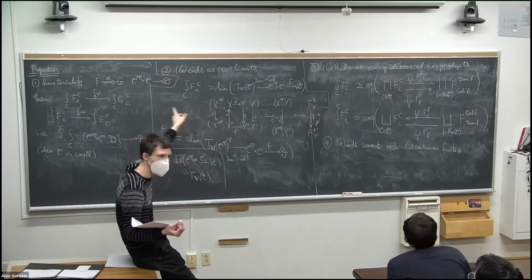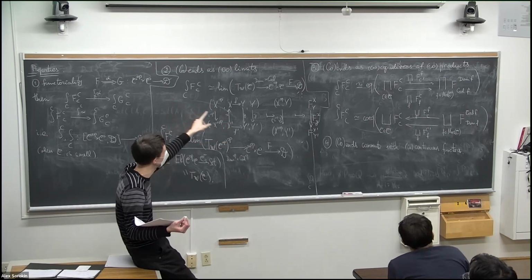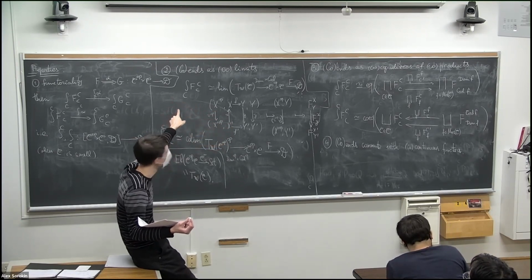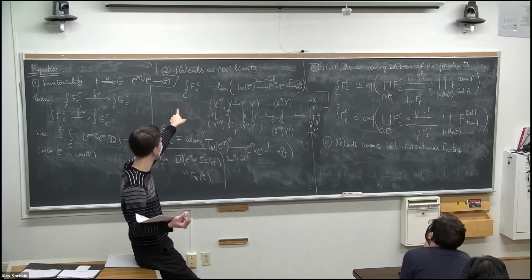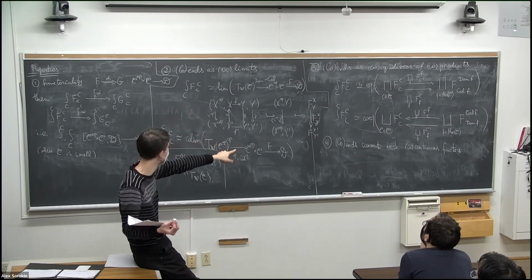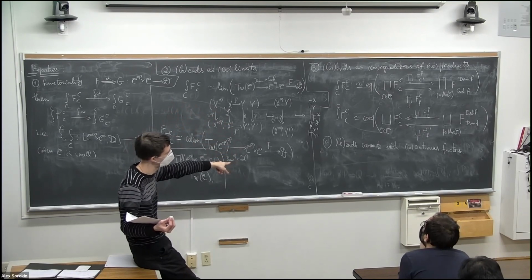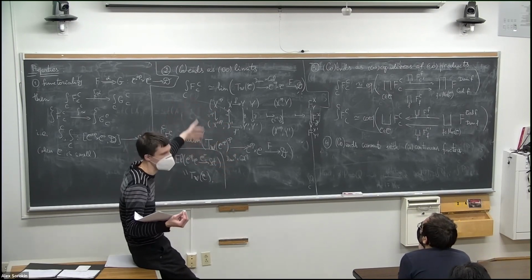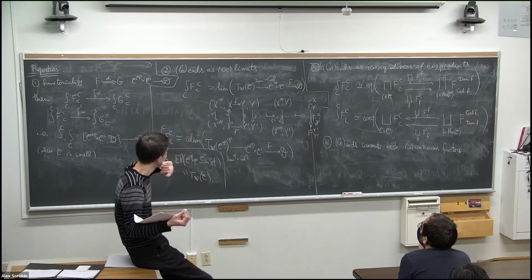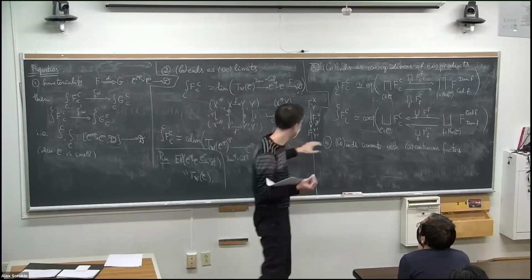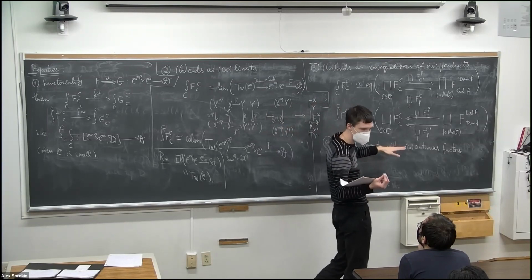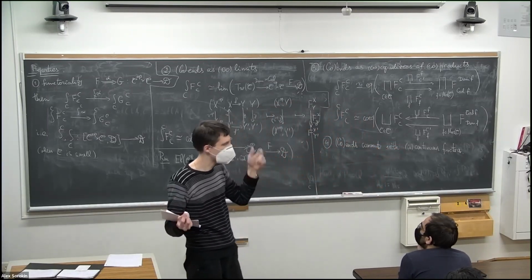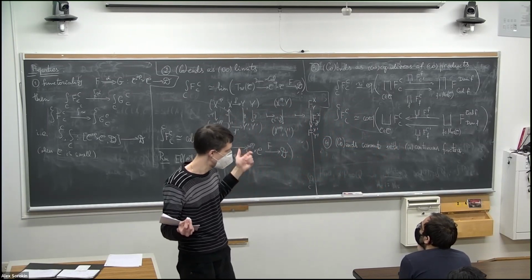So the end and coend exist, for any functor C op cross C to D, if D is complete. And since we can express ends and coends as limits and colimits, continuous or co-continuous functors respectively commute with them.